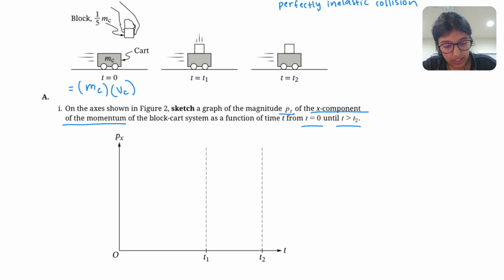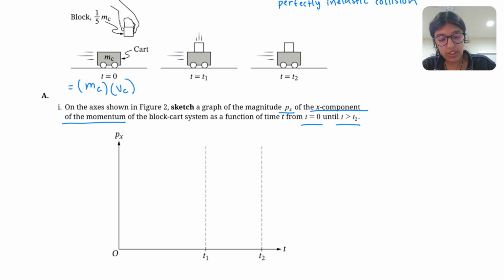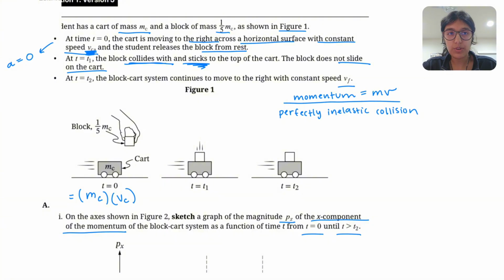All right, mc vc. And another point I want to note is that I know here momentum is conserved. And that is because I don't see any friction. I don't see any air resistance. There's no external forces outside the system. So I think momentum is conserved.